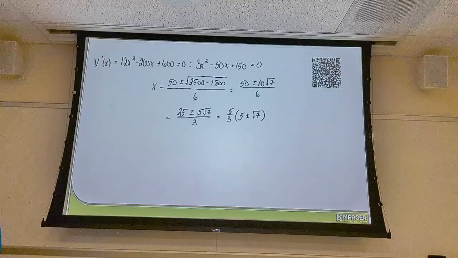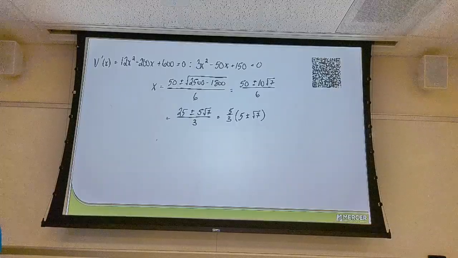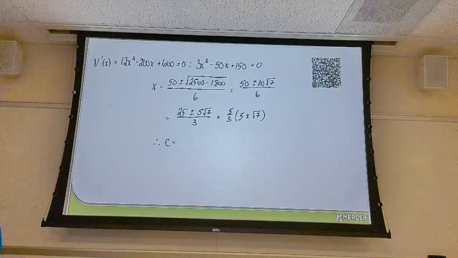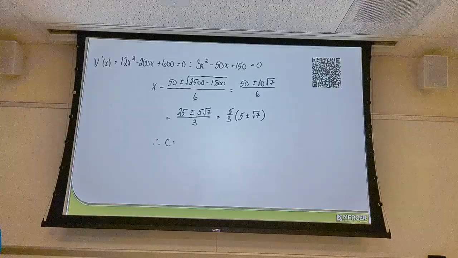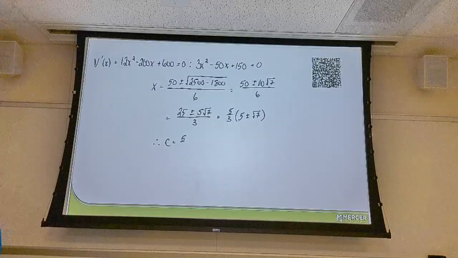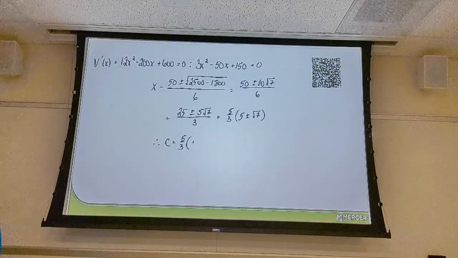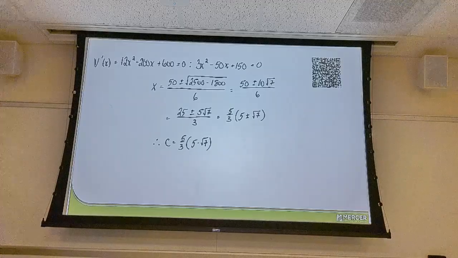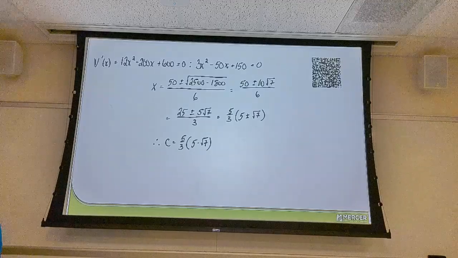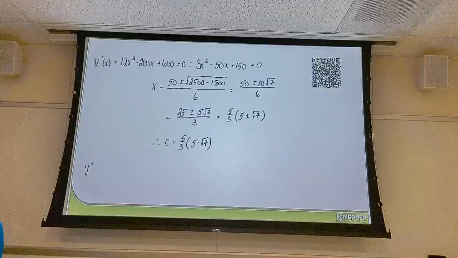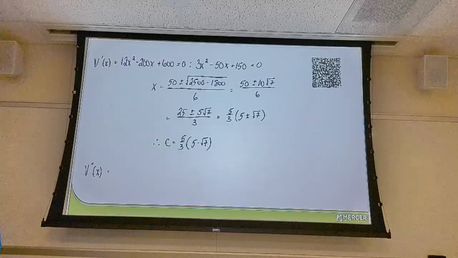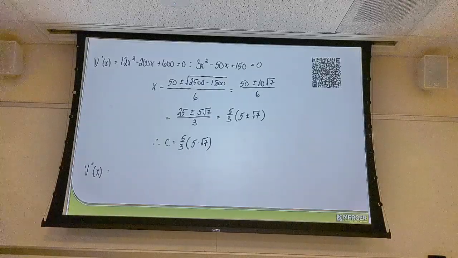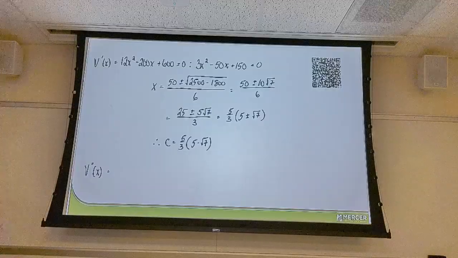So I'm going to write C. Critical point would be 5/3 times 5 minus root 7. V double prime, 24x minus 200.